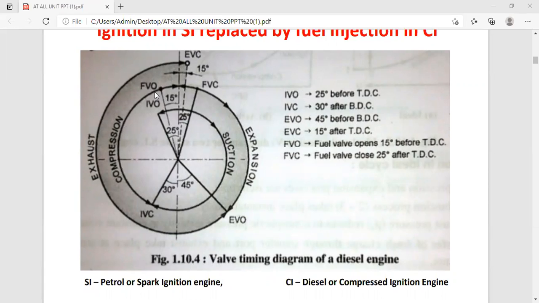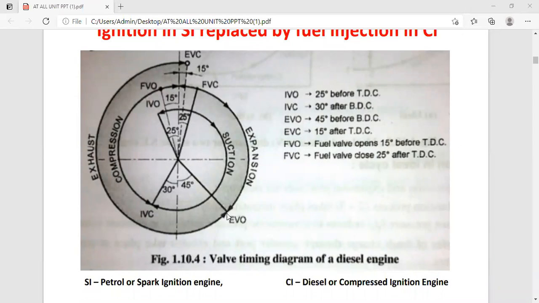So during this, the compression action will take place. 30 degrees after, you can see here the compression stroke starts. Next, the expansion stroke starts and it will end up to 45 degrees before TDC, and this is the exhaust valve opening.